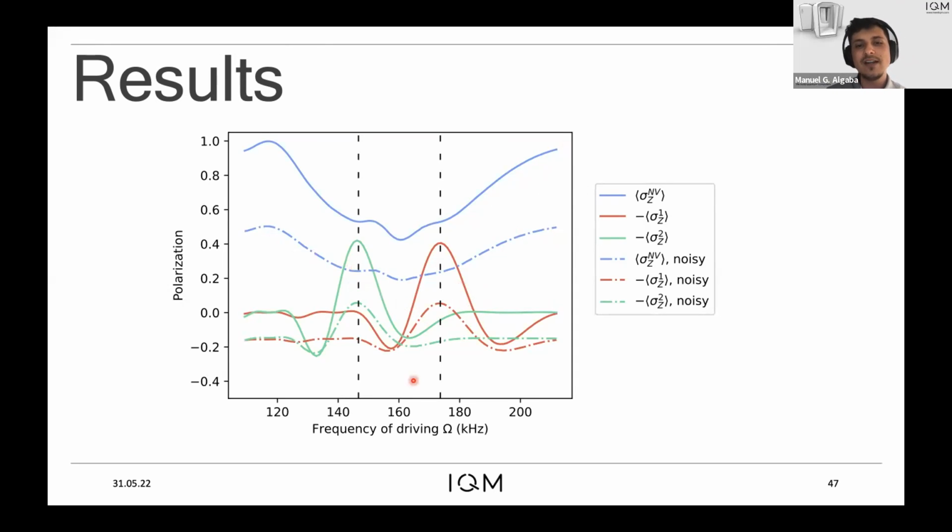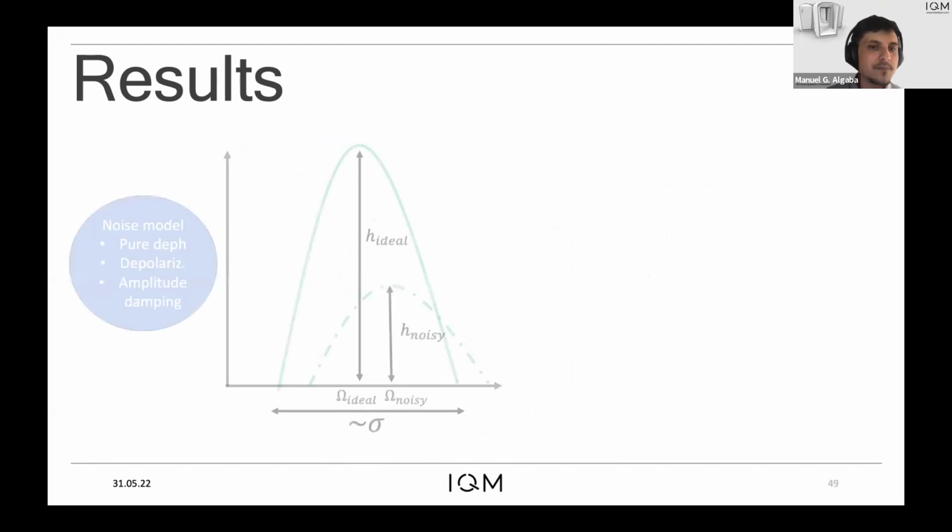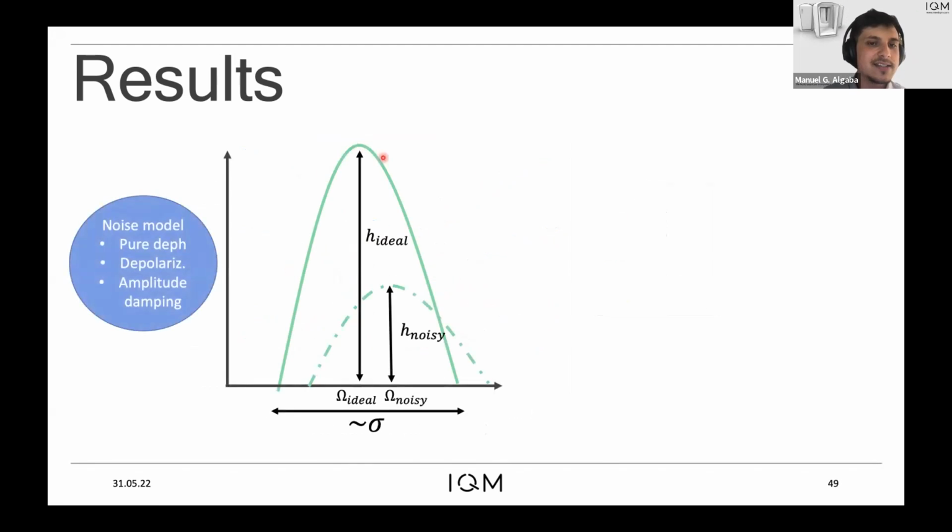If we study one of these peaks, each of which is going to be for one nucleus that will create a resonance, we see this is the ideal one and this is the noisy one. So we want to estimate this, but we will obtain this. We want to see if we are really making a big mistake by including the noise of your quantum computer.